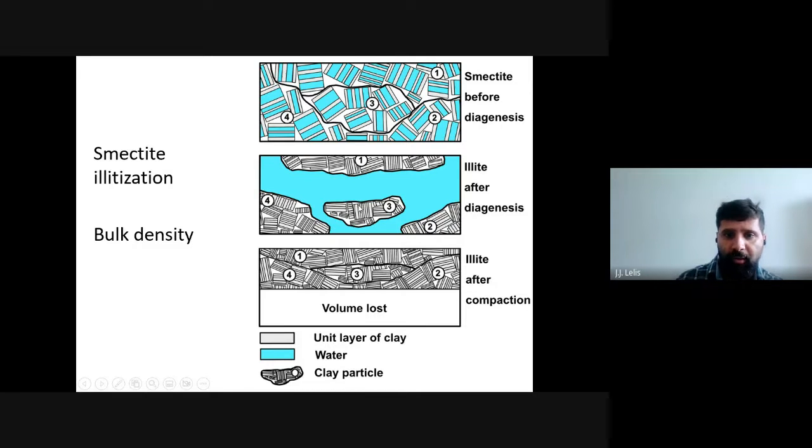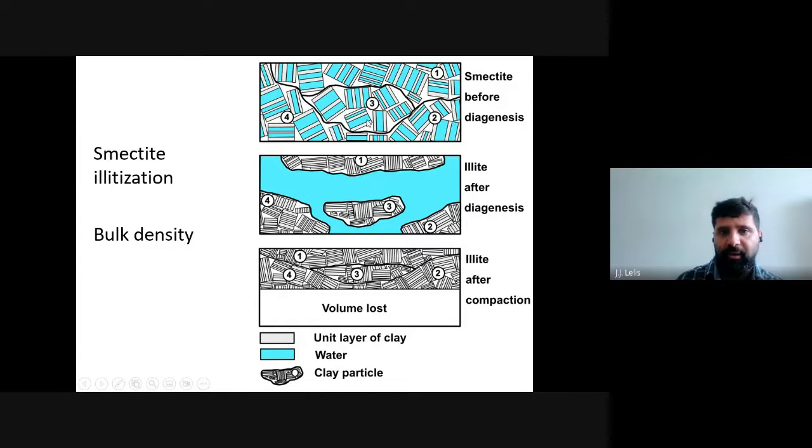So we lose water from this situation to this situation, okay? And we also can lose the voids. We can increase the bulk density from this case to this case. So we can increase the bulk density, reducing voids, reducing the porosity of soil and the parent material.